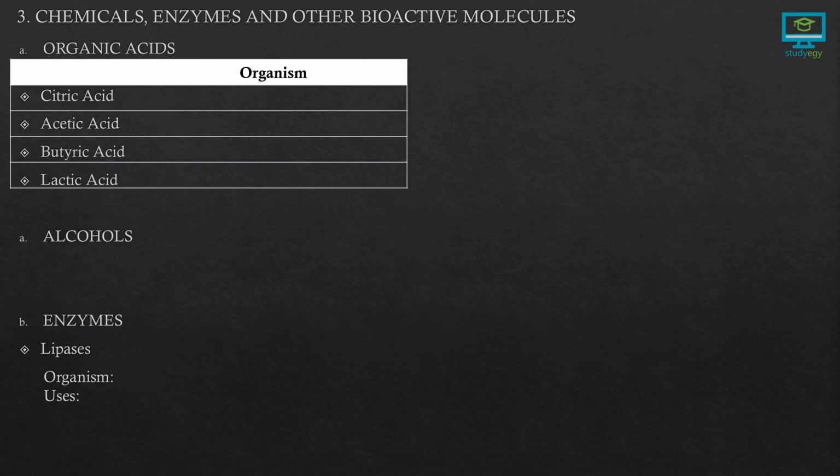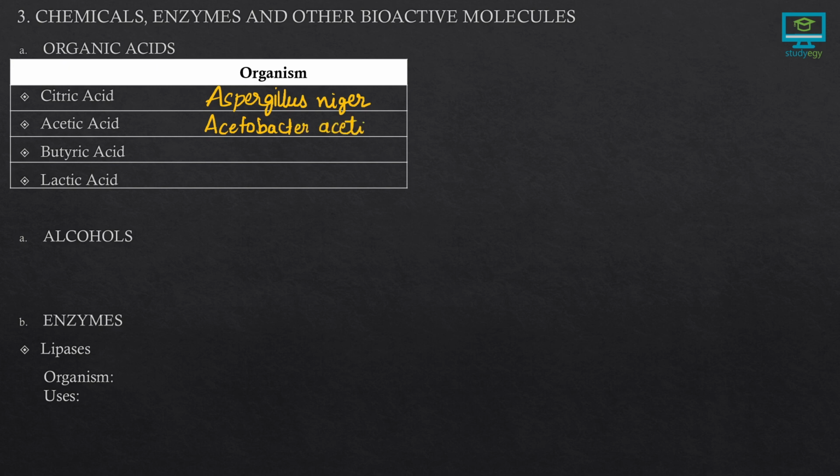Now coming to chemicals, enzymes and other bioactive molecules. Here we have organic acids. The organism which we use to produce citric acid is Aspergillus niger. Acetic acid is prepared from the bacterium Acetobacter aceti.